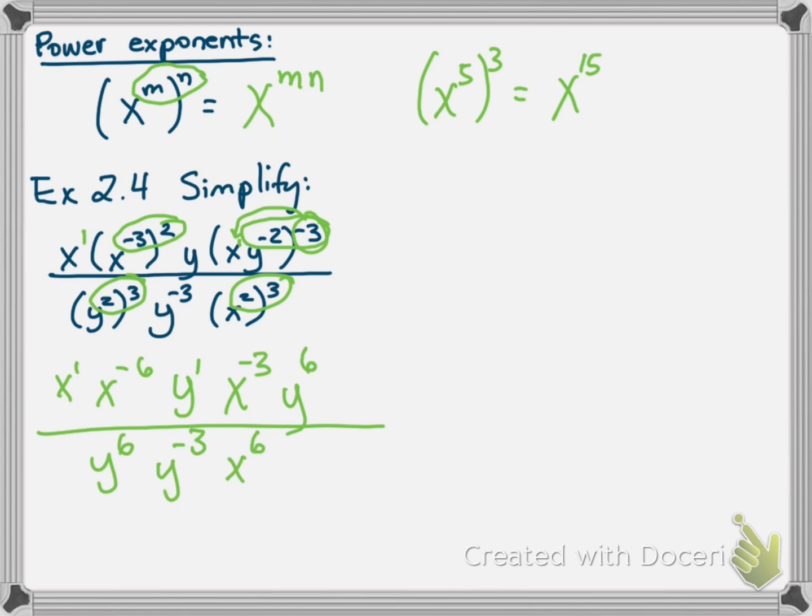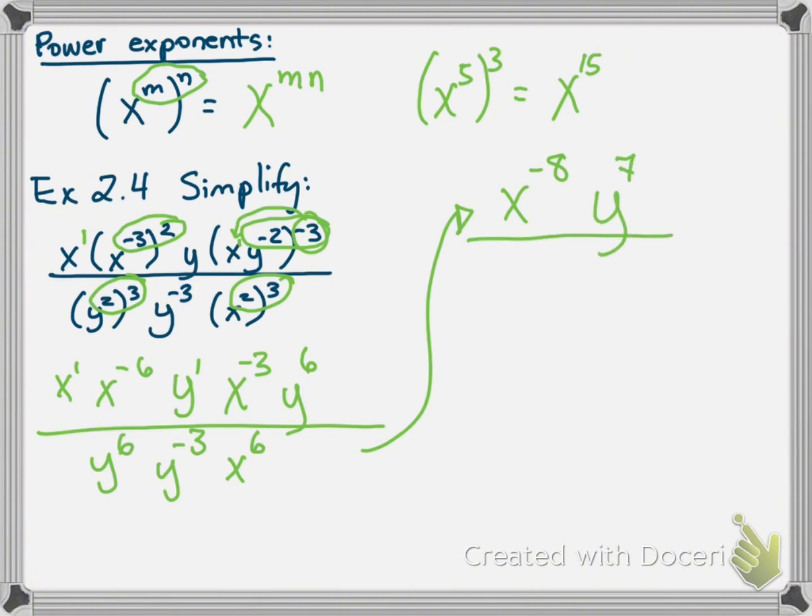Notice that now we go back to the previous examples where we have to multiply and divide. We're going to do all the x's on the top, which would be 1 minus 6 minus 3, which would be negative 8. And then the y's, which are 1 plus 6, 7.